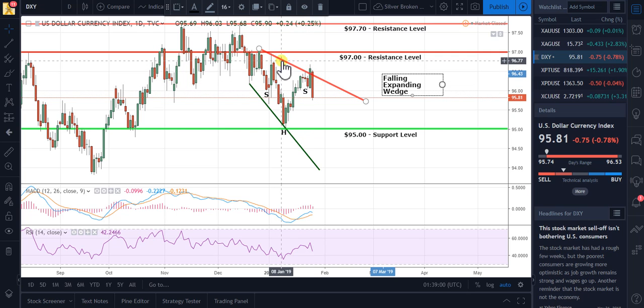It broke the upper trend line of the falling expanding wedge, and the right shoulder broke the neckline of the inverse head and shoulders.